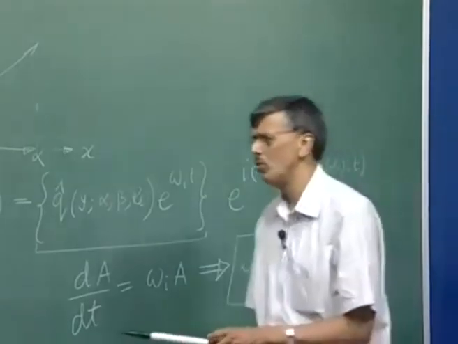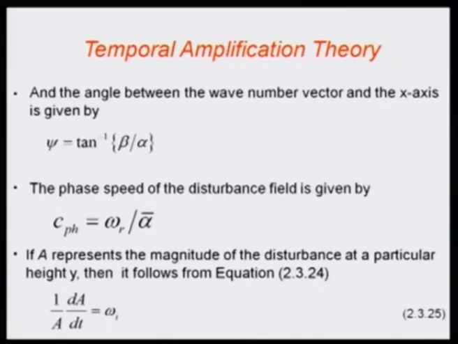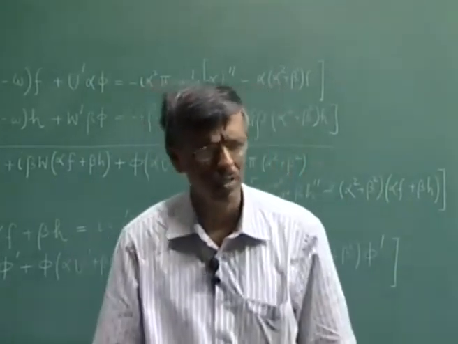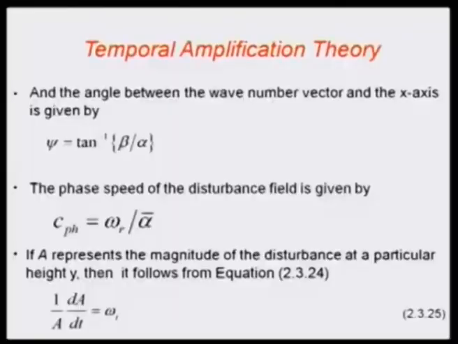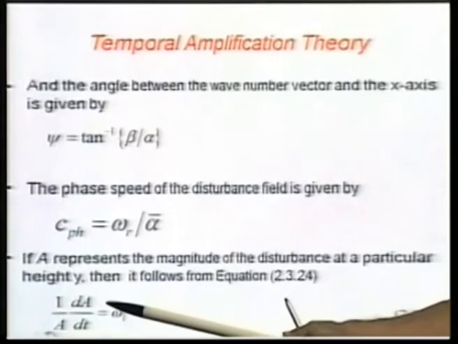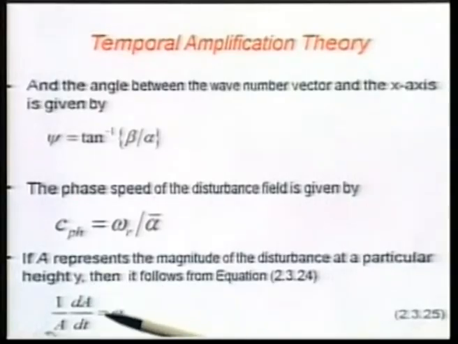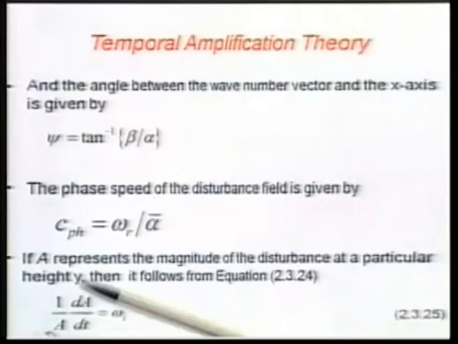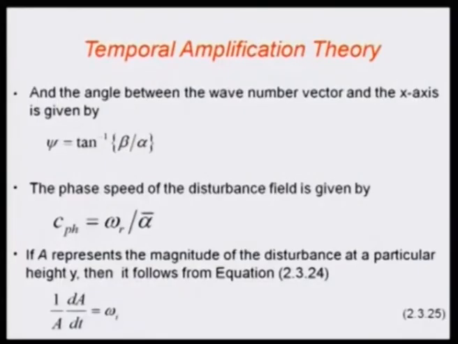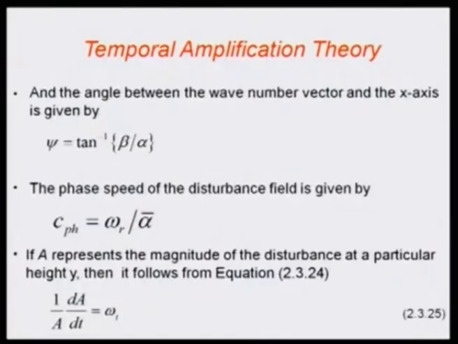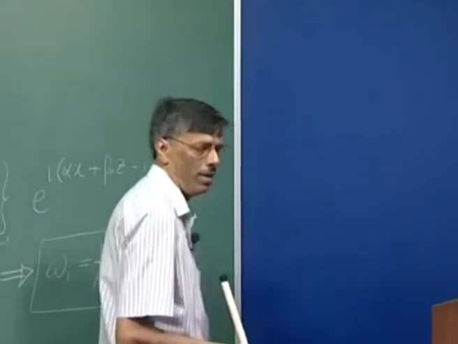That is what you have in equation 25 here. Suppose you go to the lab, do the experiment and measure the amplitude, so you will be getting A. If I measure it as a function of time, I should be able to evaluate this derivative and divide by the amplitude instantaneously, and I get an estimate for omega I, the temporal growth rate. This is something one does in temporal theory.